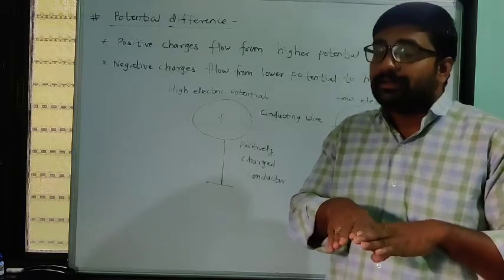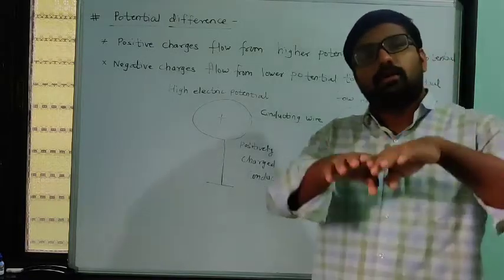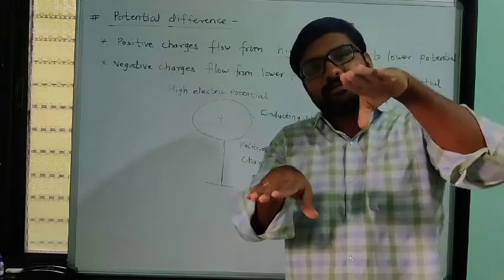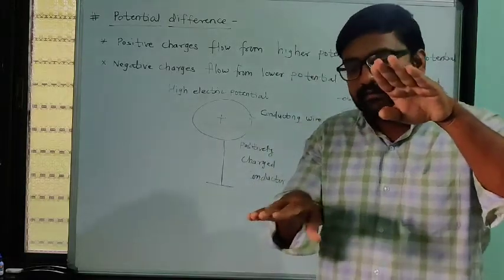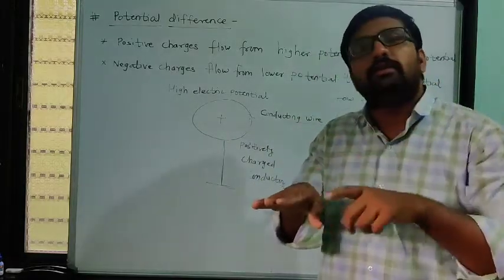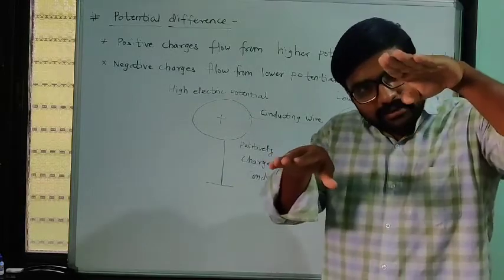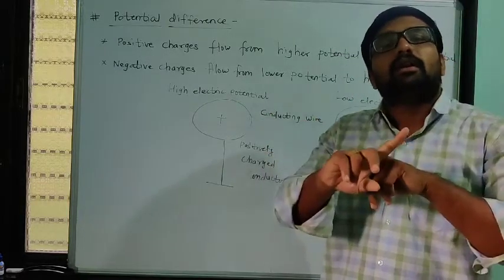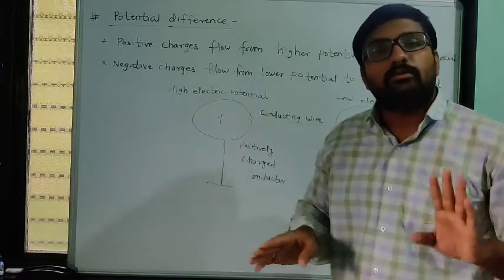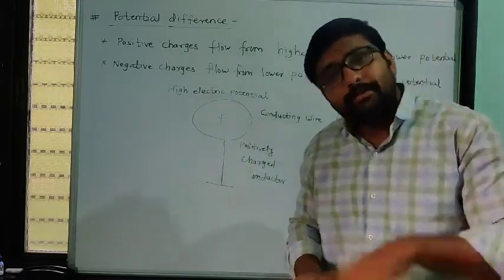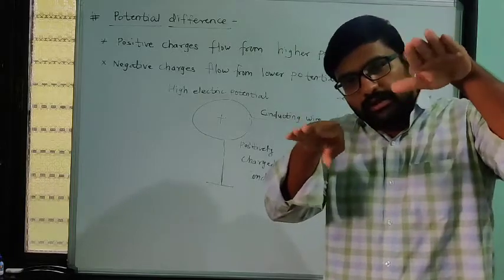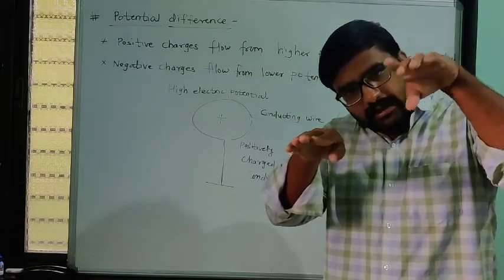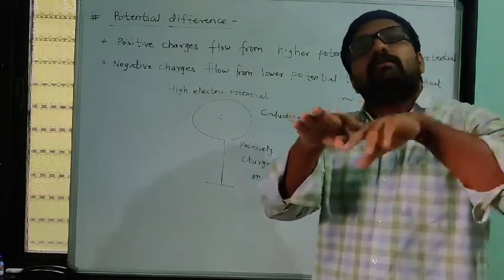Same as with water: if there is some difference in the height of the tanks, water will flow. But as the level of water becomes equal, water does not flow from one tank to another. Similarly, if there is some potential difference, then electric charges can flow.